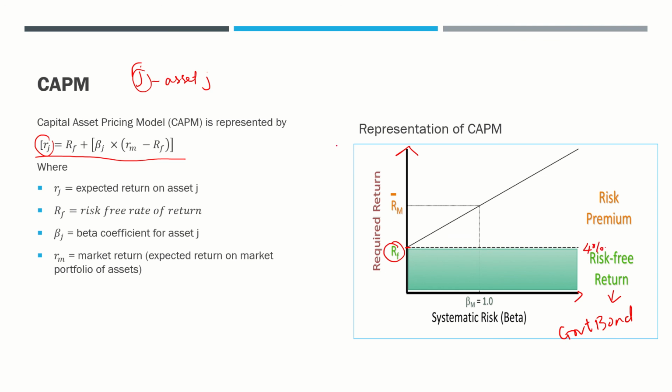Okay, so garisan tu dia akan start daripada sini dan ke atas, dan ini adalah risk premium lah. Ni return of the market return.